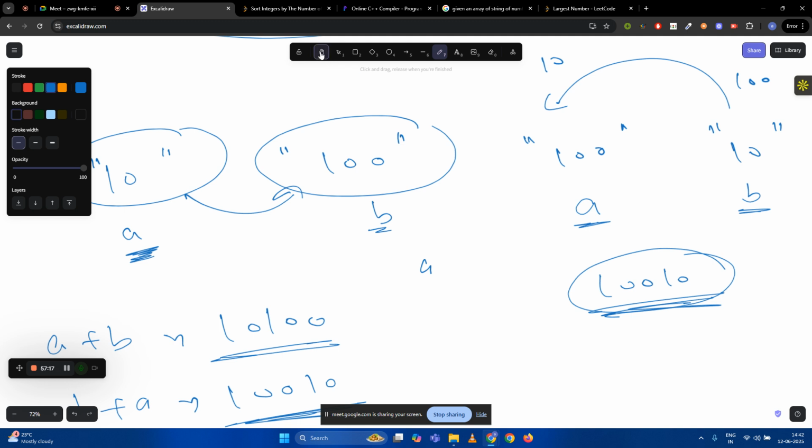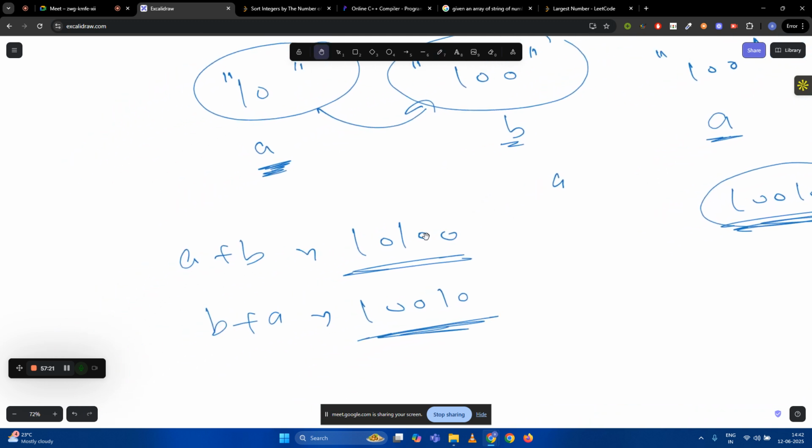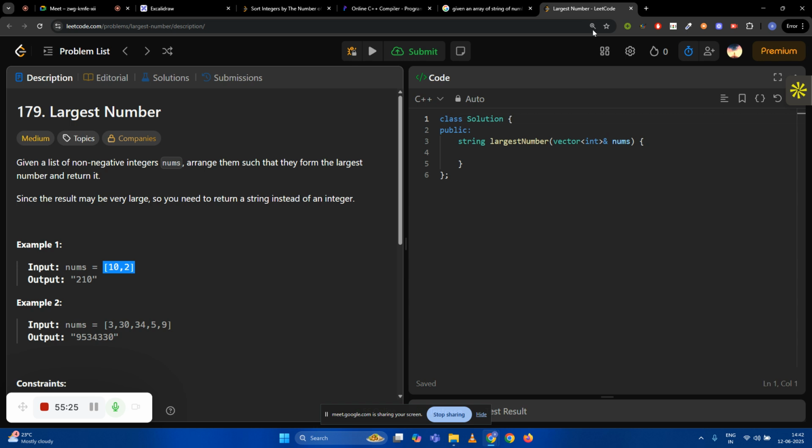So now you have a case: how would you append? Now you have a comparison. How would you compare? A is written and B is written. If appending B with A, that is A plus B, gives a number greater than B plus A, it means A should come first, then B. It is the correct case.